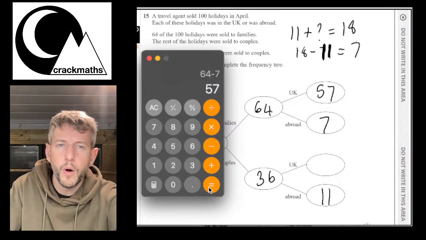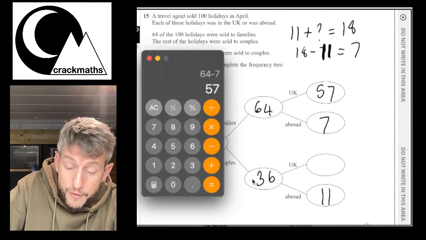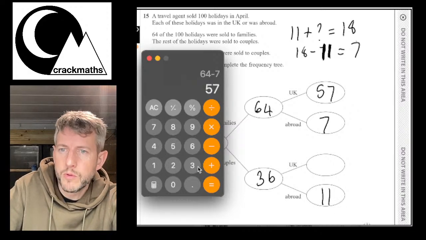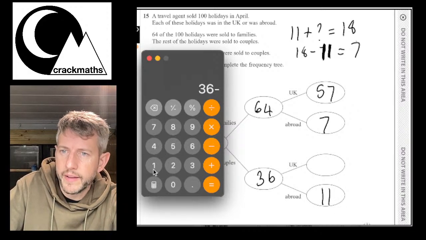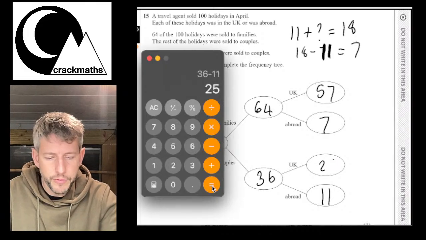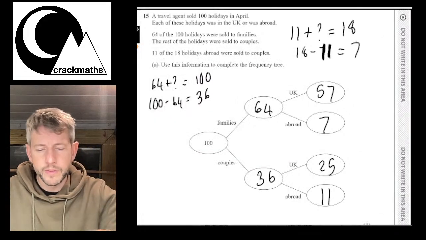For the bottom bit, if there were 36 couples and 11 of them went abroad, we'll do 36 take away 11, and that means the remaining 25 stayed in the UK. Right, there we go.